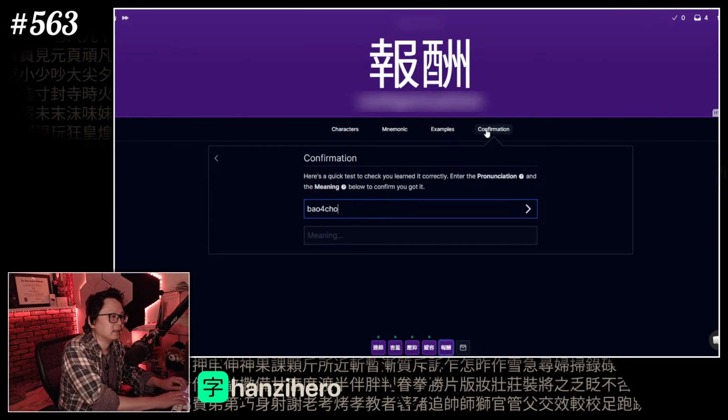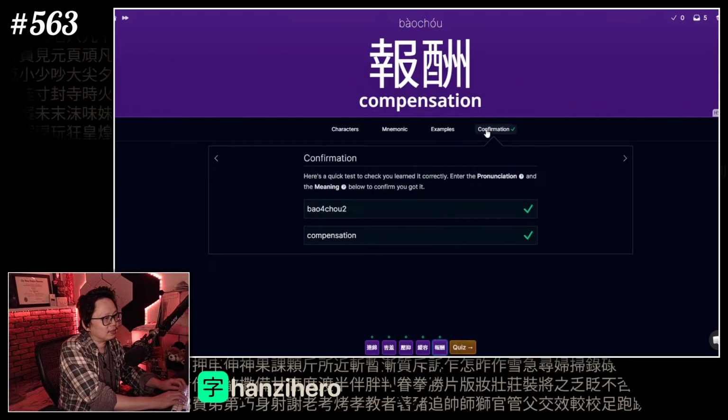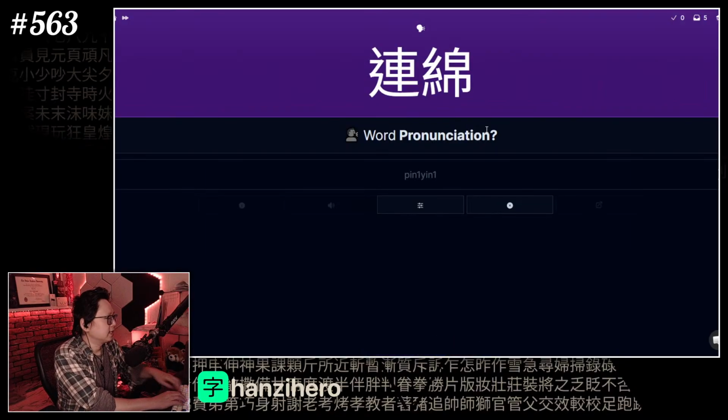Okay, 报酬. Well, just so happens to be a homonym. I'm like reward and revenge is kind of related though, hence the related character.